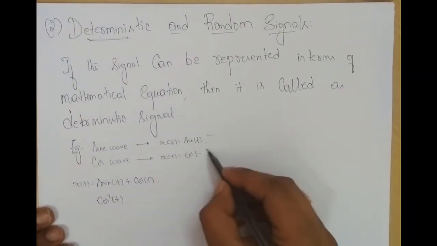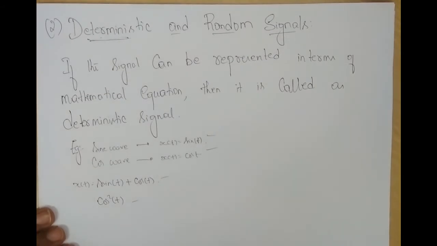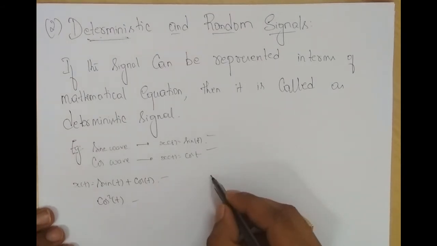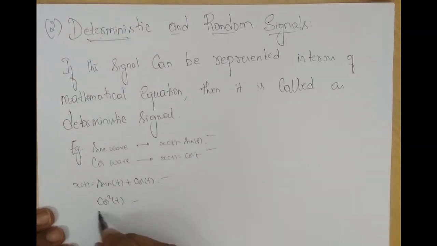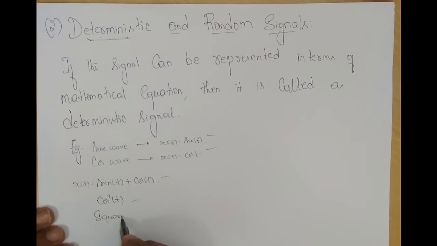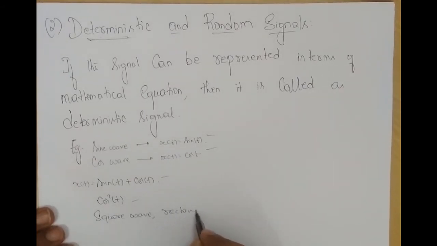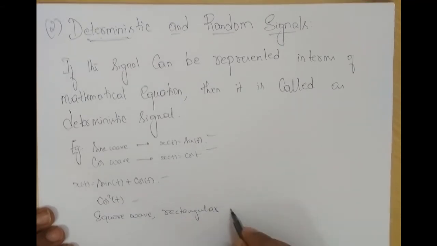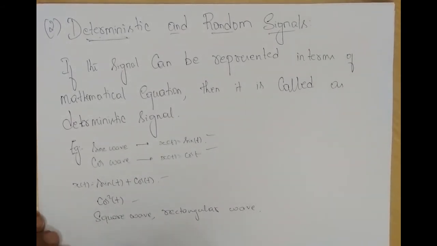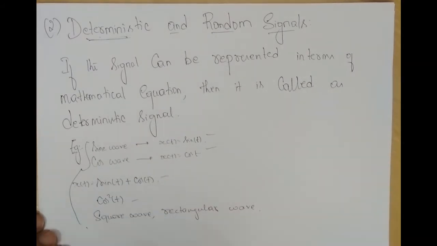All these signals are represented in terms of mathematical equations, right? Even a square pulse, square wave or rectangular wave, I can represent in terms of a mathematical equation. So all these are deterministic signals. These are all the examples.